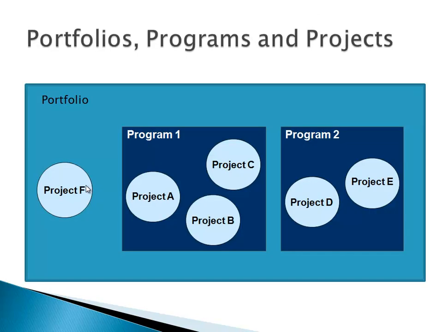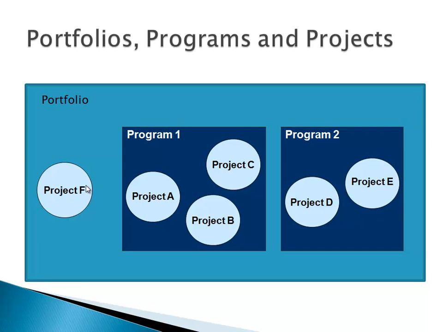This figure illustrates how the portfolio and the program and the project are related to each other. So you can see that the portfolio is the bigger picture, where inside the portfolio there are projects, and there are programs, and the program has projects within that program.